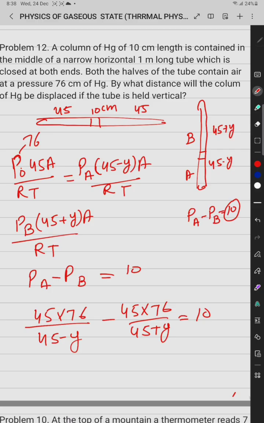If we solve this equation, then Y equal to 3 centimeter.